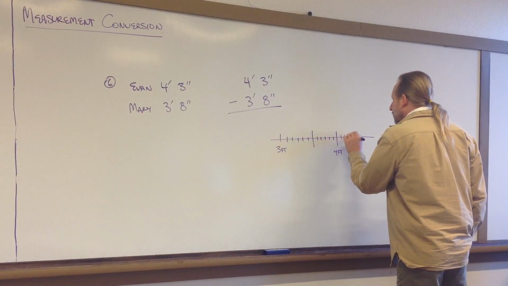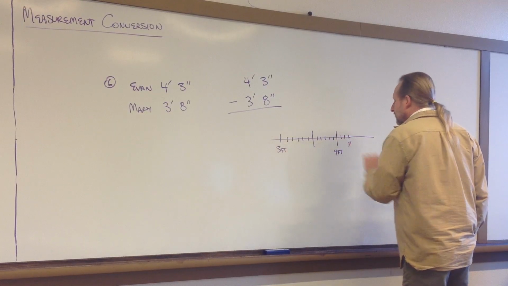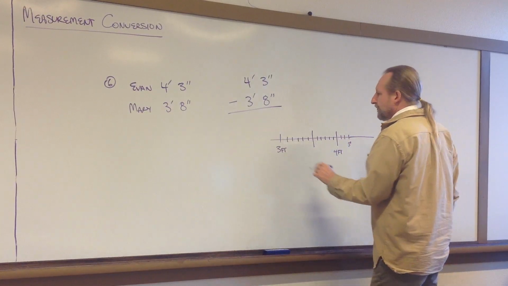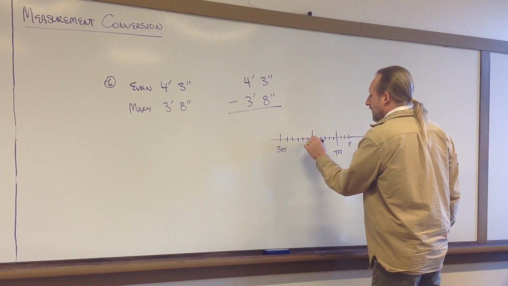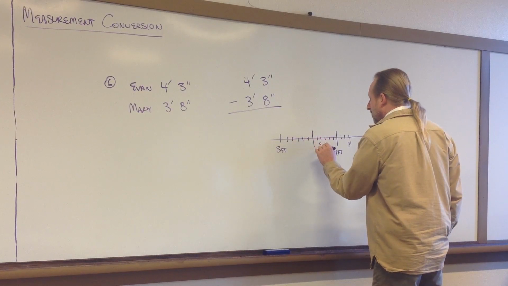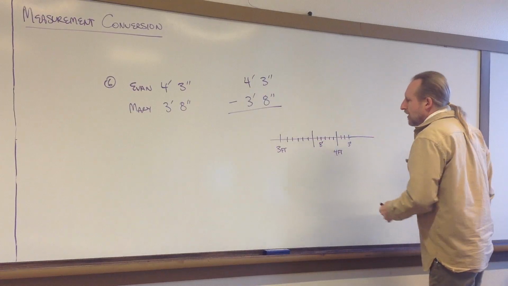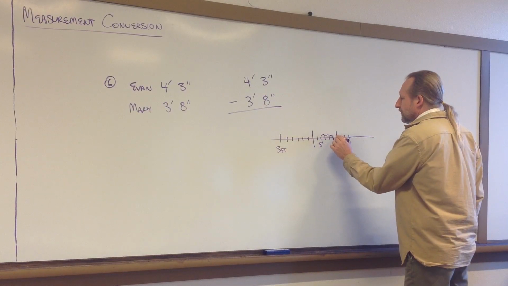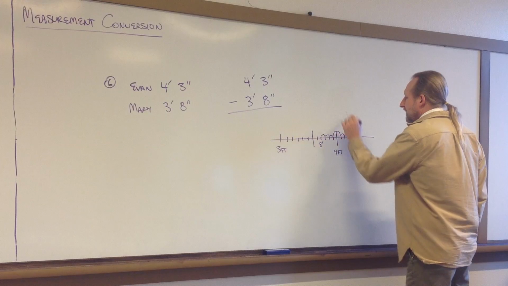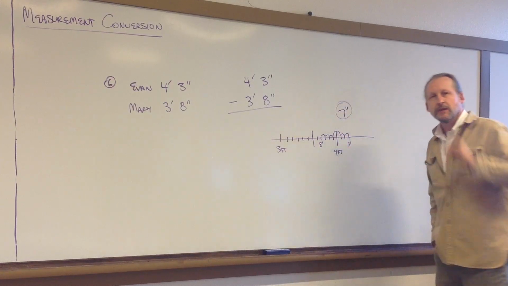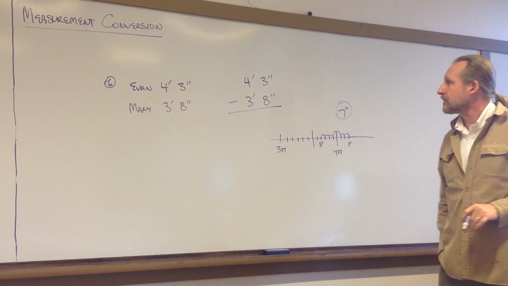And then 1, 2, 3 inches. So there's 4'3". 3'8" is 1, 2, 3, 4, 5, 6, 7, 8. There's our 3'8". What's the difference? 1, 2, 3, 4, 5, 6, 7 inches. There's our answer. That's one way to do this.